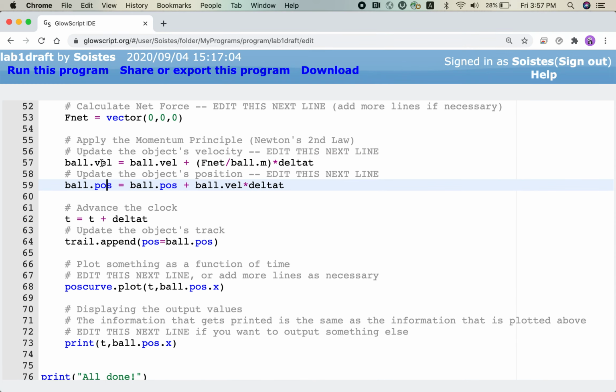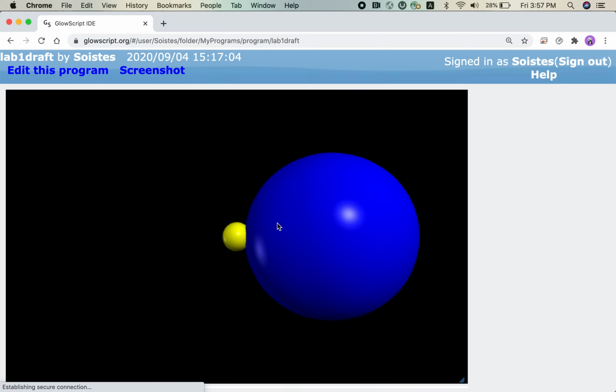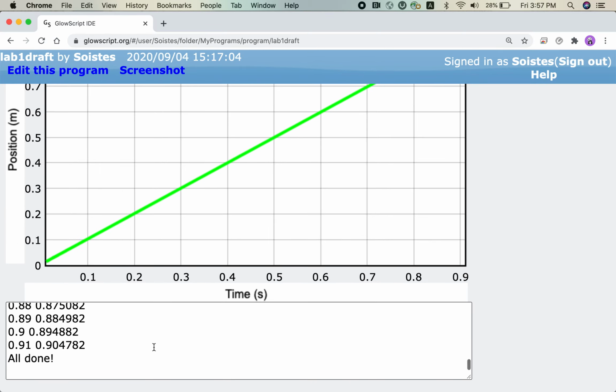And with the velocity, we can calculate the current position of the ball by adding the initial position to the velocity of the ball times changing time. And when we run this program, we can obtain the data here.